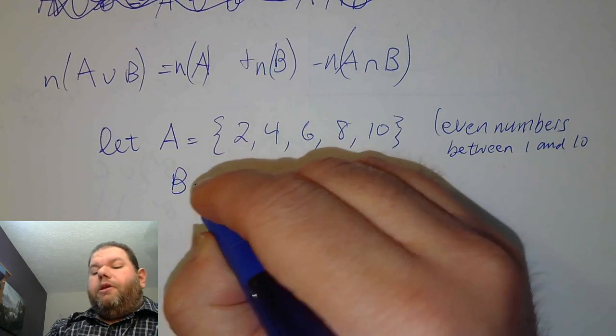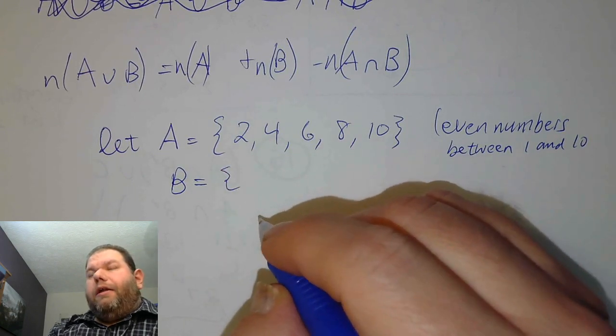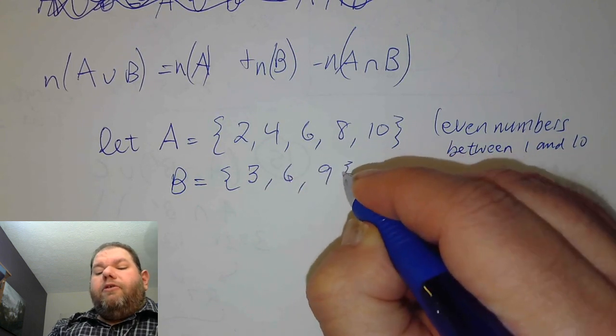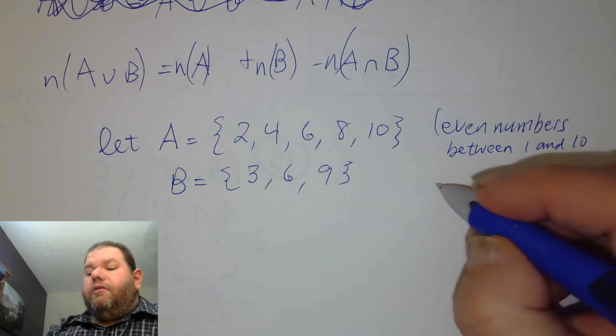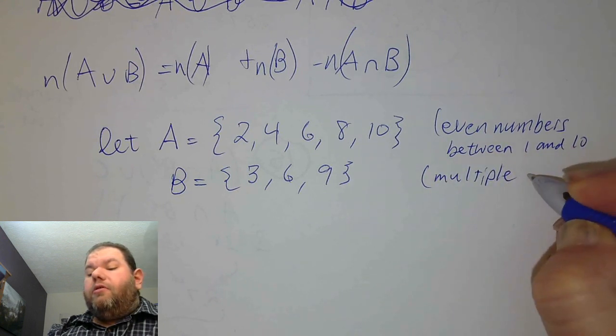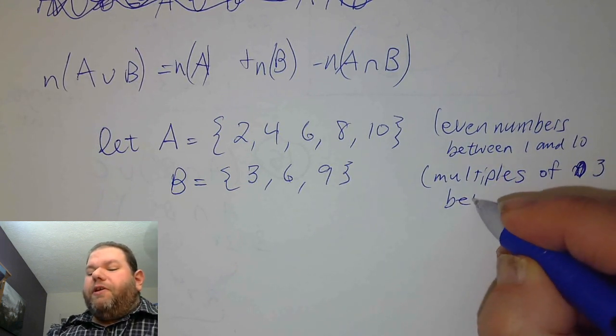And we'll let B equal, let's say we have 3, 6, and 9. So this will be the multiples of 3, sorry, between 1 and 10.